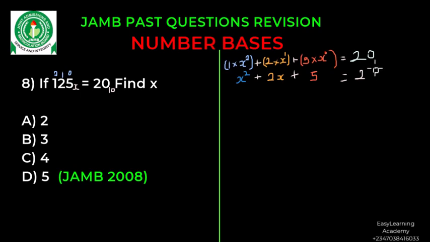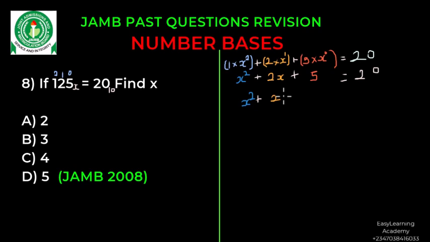Okay, so here we can collect like terms. If you want to collect like terms, we're going to keep our x squared first here, and then plus 2x. We're collecting like terms.